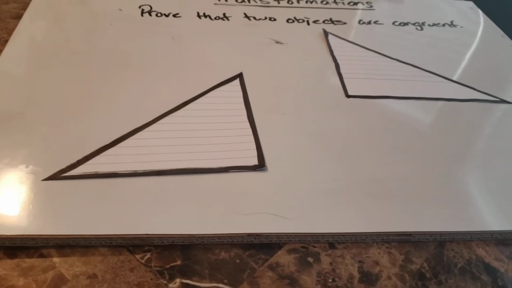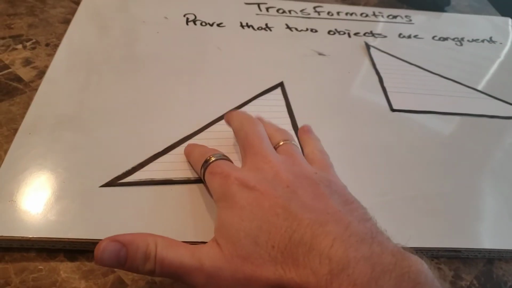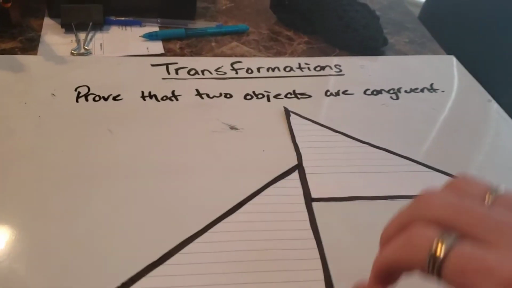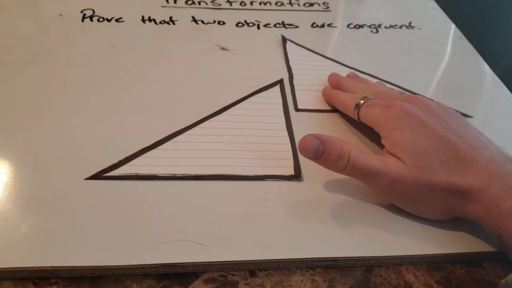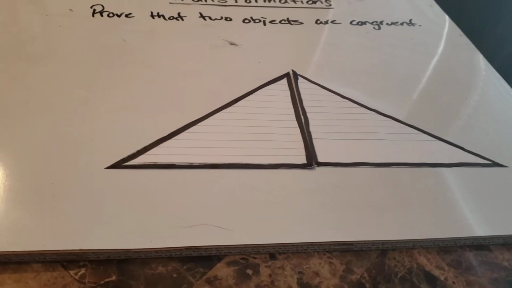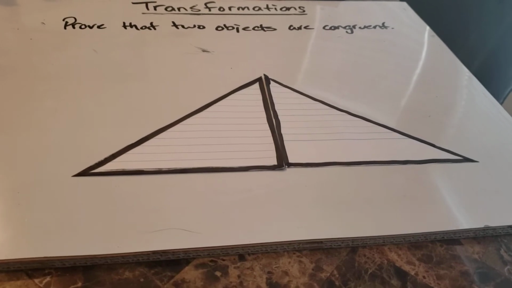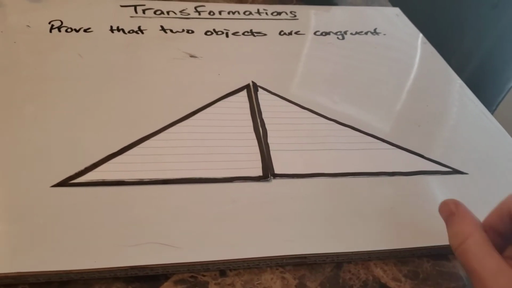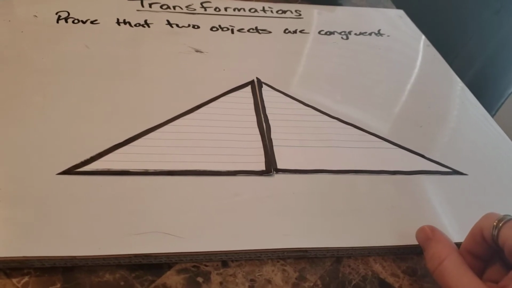The first thing I might do is slide this triangle to the right, and I might slide this triangle down, or the other triangle up, in order to line them up to prove congruency, okay?